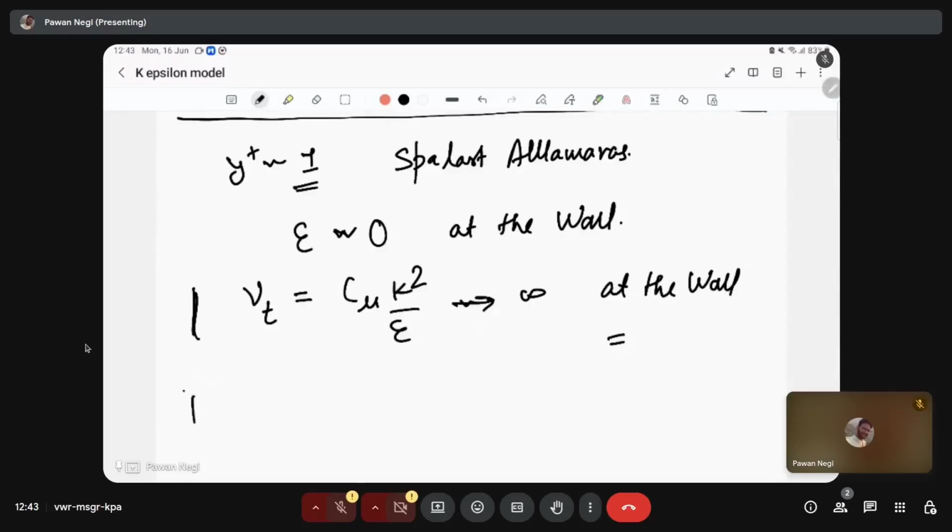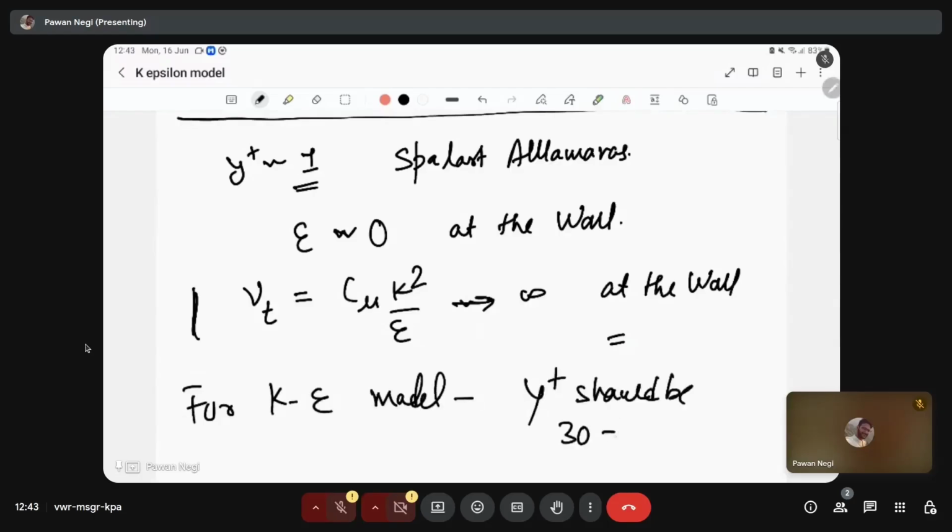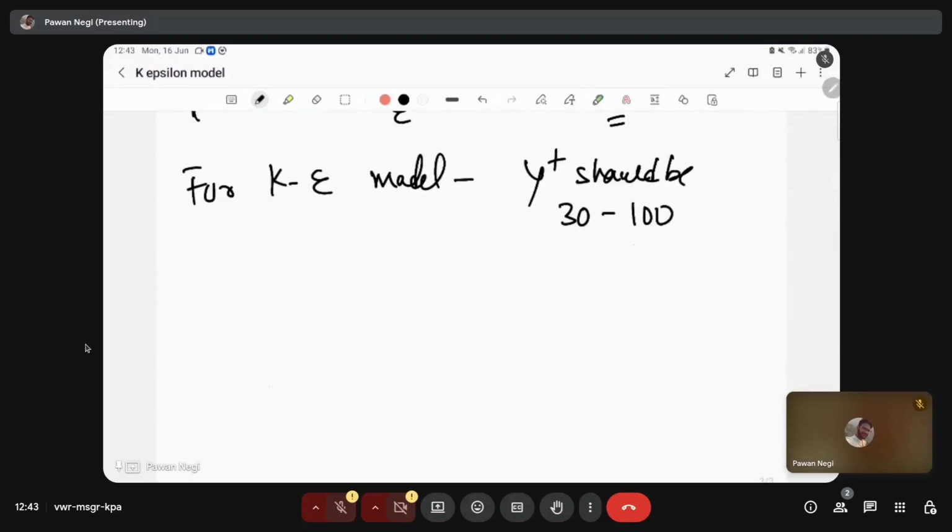Therefore, for k-epsilon models, the y plus should be in the range of 30 to 100. And to approximate the behavior close to the wall in the viscous sublayer and in the log region, we use wall functions.